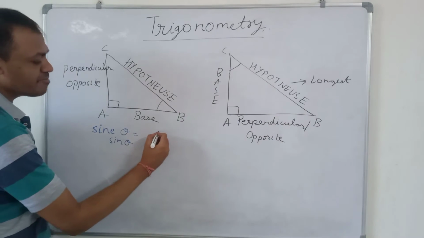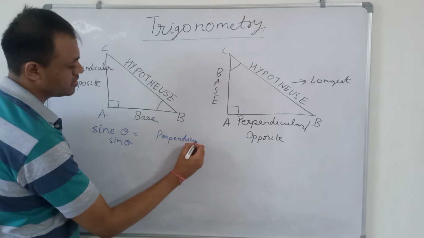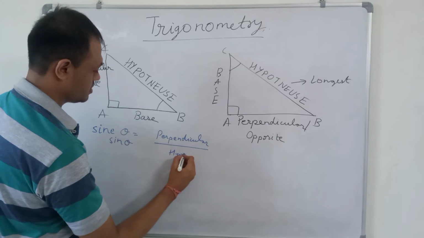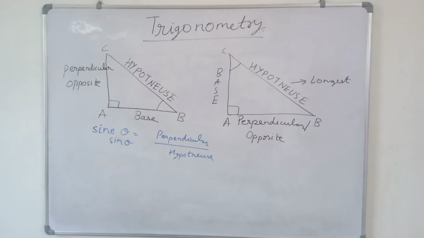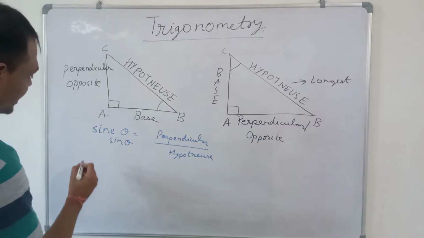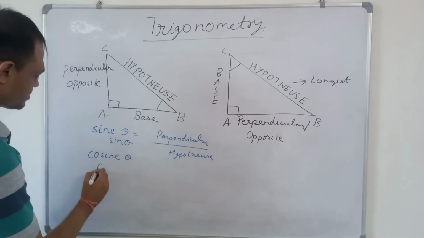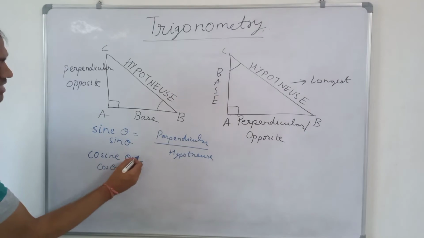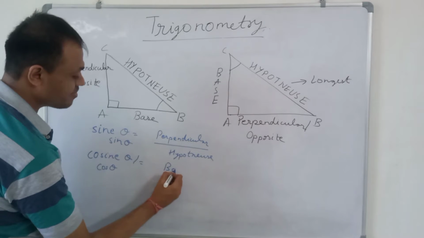Sin theta is equal to perpendicular or opposite upon hypotenuse. Then there is cosine, or in short cos theta. It is base upon hypotenuse.